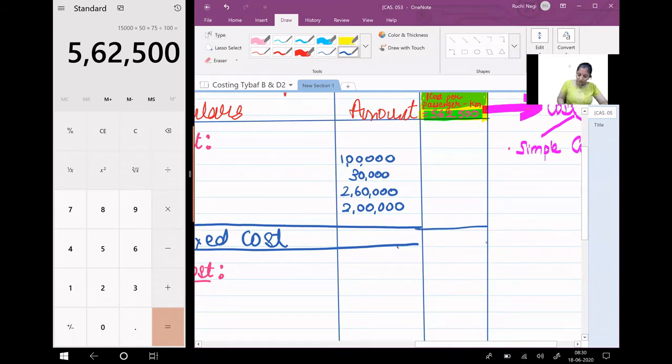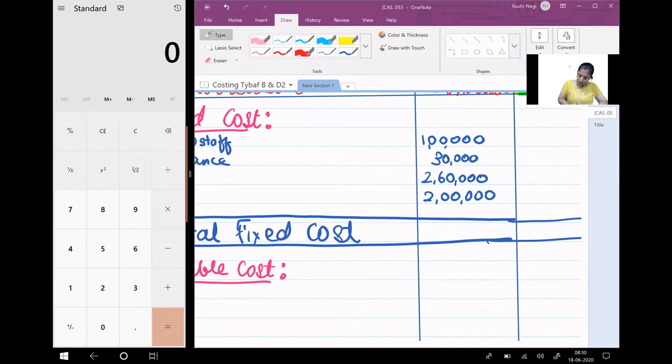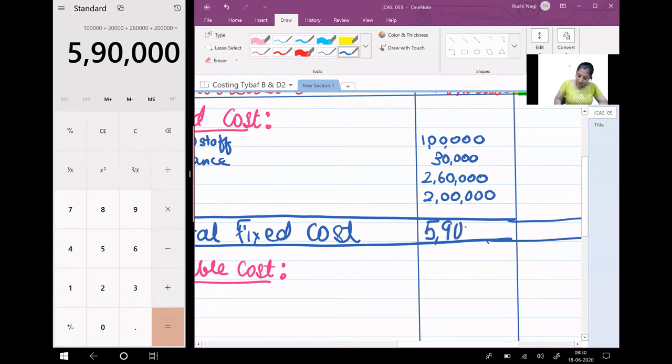Add it. 1 lakh plus 30,000 plus 2 lakh 60 plus 2 lakhs. The total is 5 lakh 90. Write it here. 5 lakh 90,000. Clear everyone? Okay.